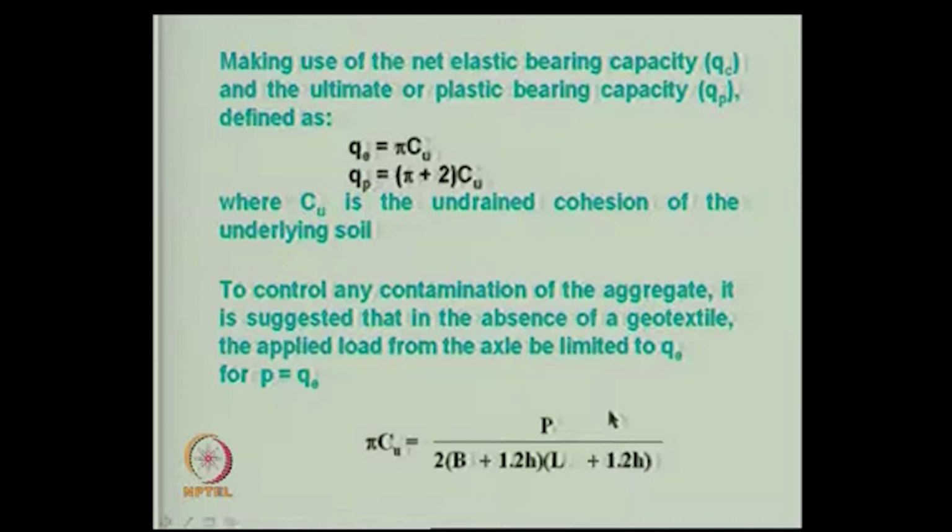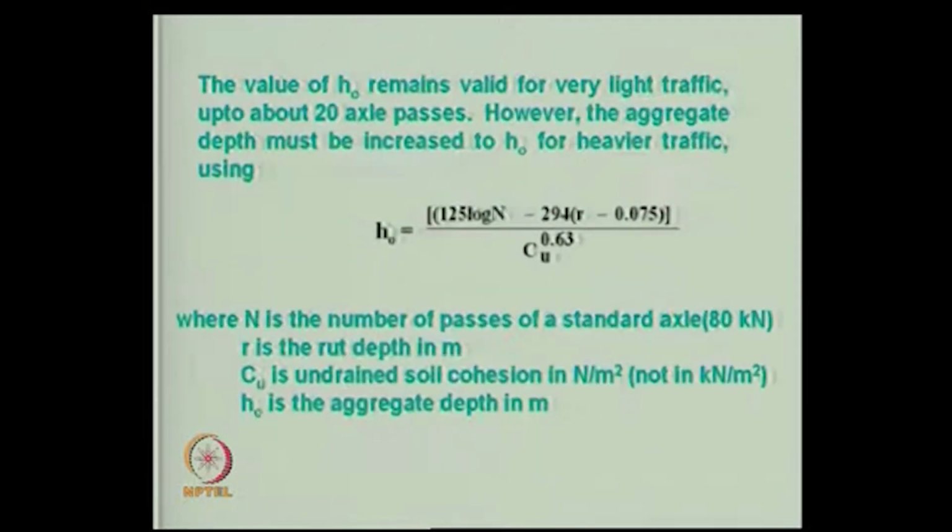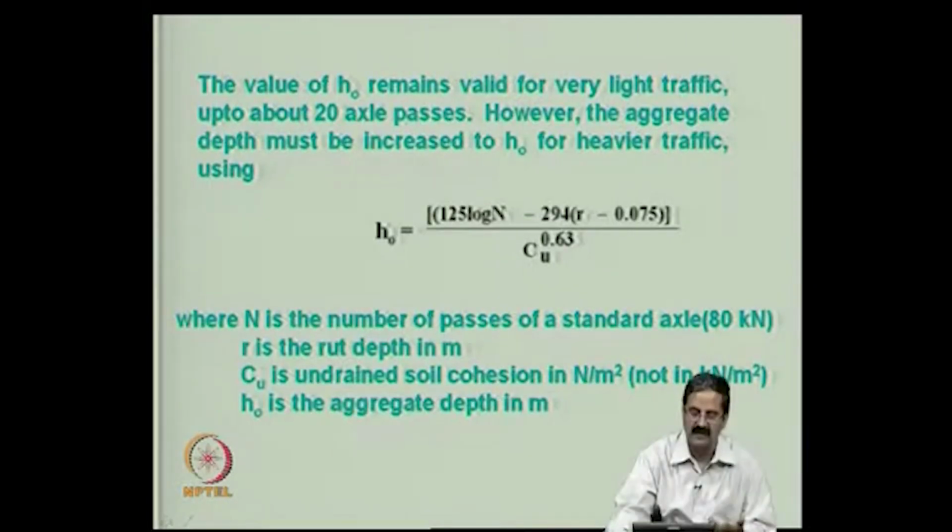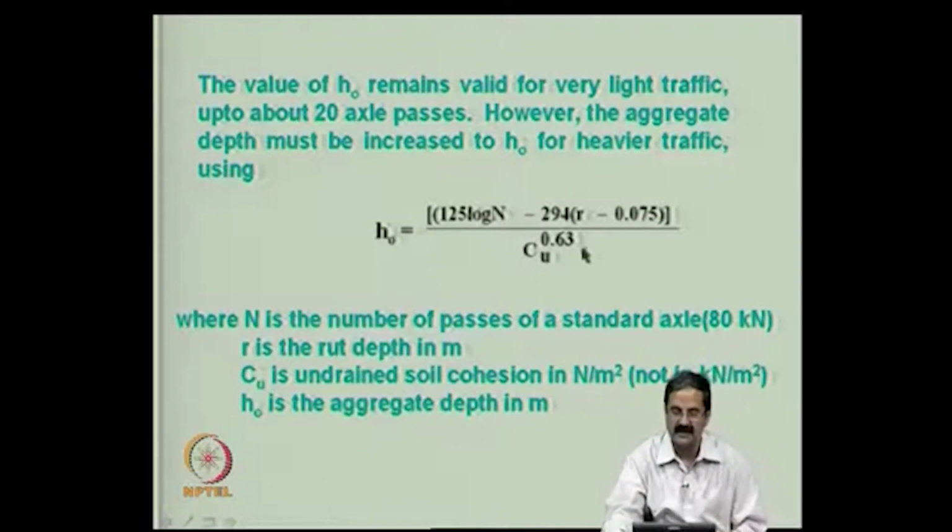So, how do you do that? The previous expression is valid for light traffic and small repetitions of loads, but when the traffic load increases, the aggregate depth must be increased. We call that H naught. Now, the revised H naught becomes this expression.